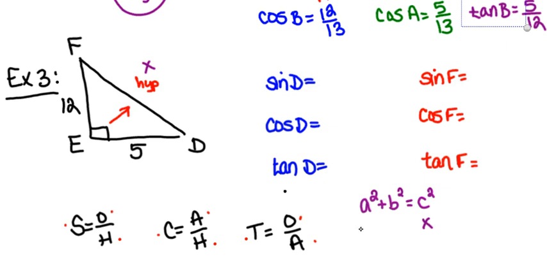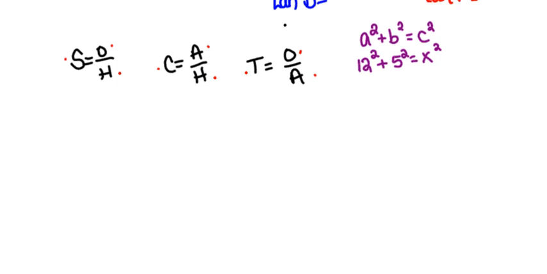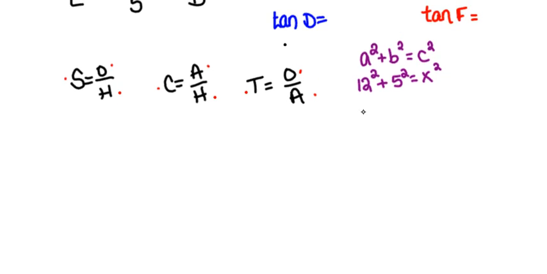And my 2 legs can either be 12 squared plus 5 squared or 5 squared plus 12 squared. It doesn't make a difference which one you use. But I've got 12 squared plus 5 squared equals x squared, or x squared equals 12 squared plus 5 squared. So I had to get out my calculator to do this, and you probably will also.